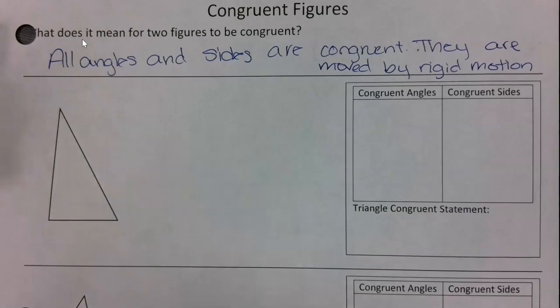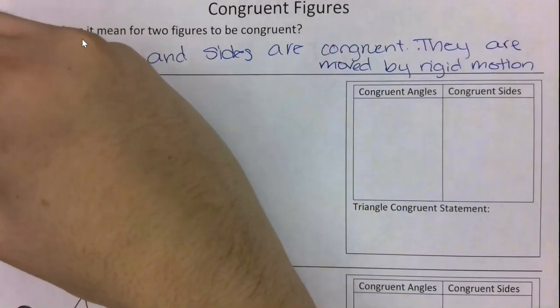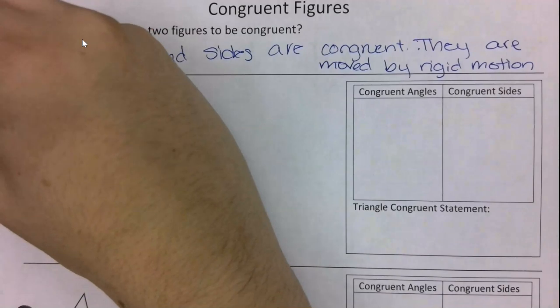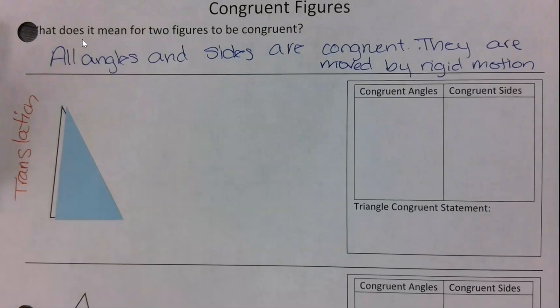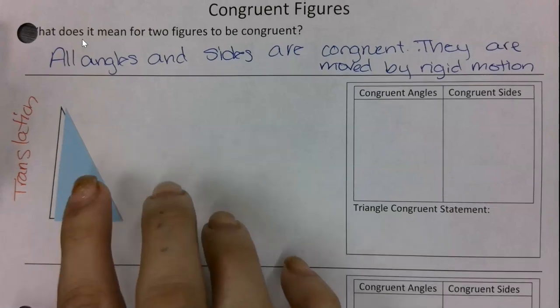Okay, so the first one I want to do is a translation. I want to find my blue triangle that I cut out that matches up to this one. So I'm going to match it up. What is a translation? This is just the one that slides over.